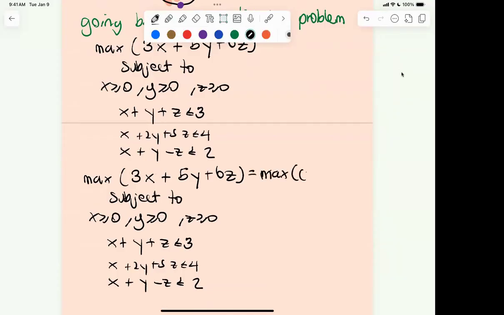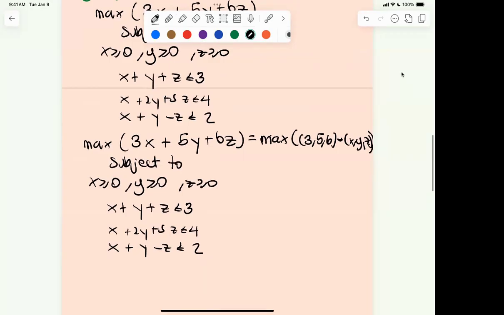So this is (3, 5, 6) dot (x, y, z), and this is what we call the vector C, and this is what I'm calling the vector X for all the variables.